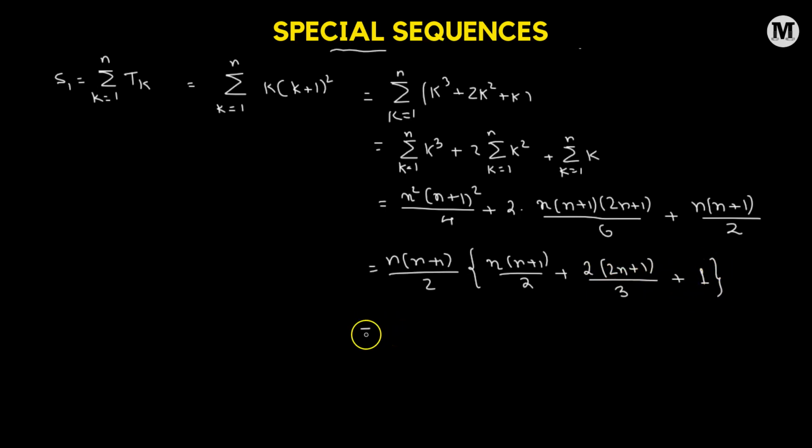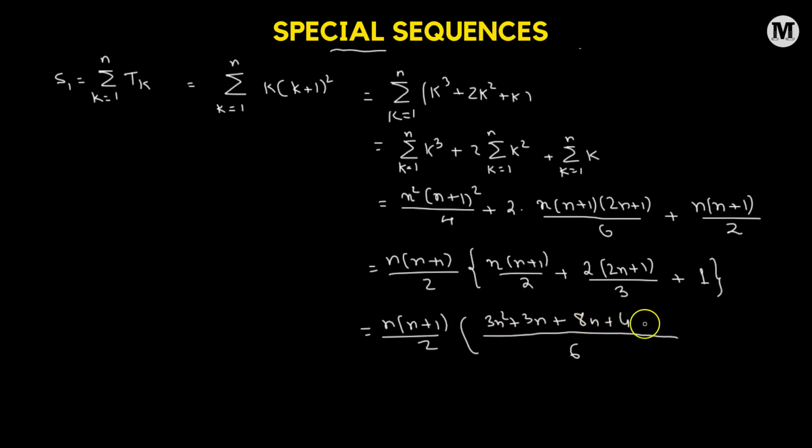Okay, now we have n times (n plus 1) divided by 2. We're going to combine the 3 terms inside the parentheses, so we have a common denominator of 6. In the numerator, we're now going to get 3n squared plus 3n, added to 8n plus 4, plus 6. So let's further simplify.